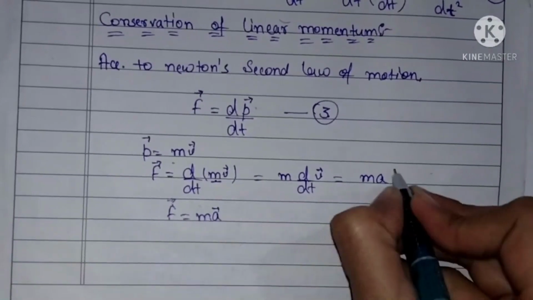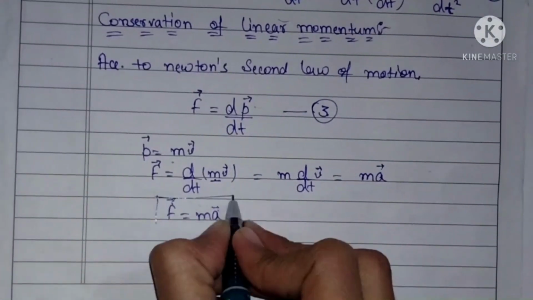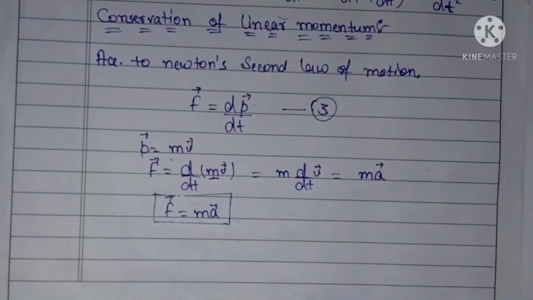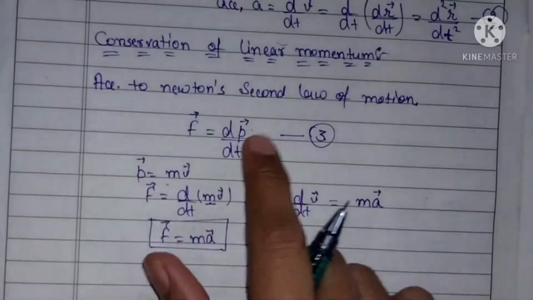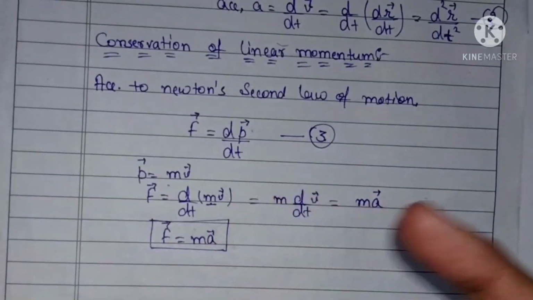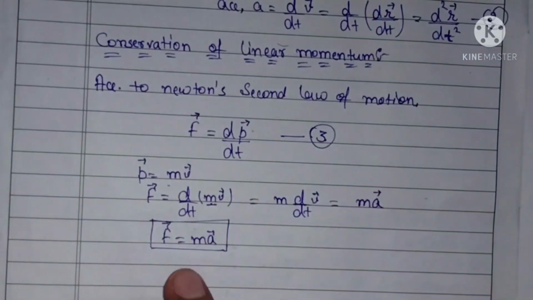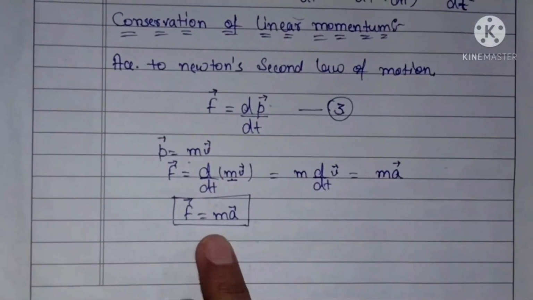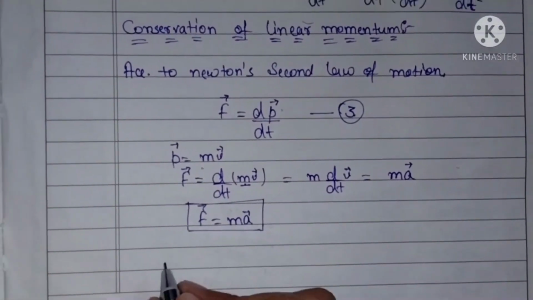The equation becomes F is equal to ma, which is Newton's second law. This is the general form of Newton's second law. Equation 3, F is equal to dp over dt, is actually equal to F is equal to ma. Both equations are for designation of Newton's second law of motion.